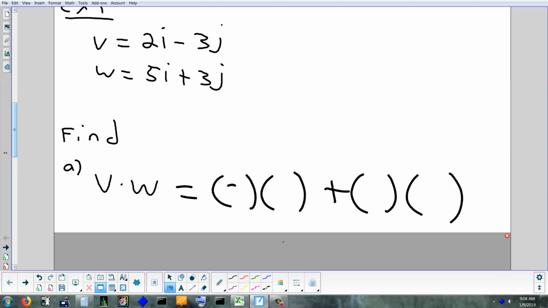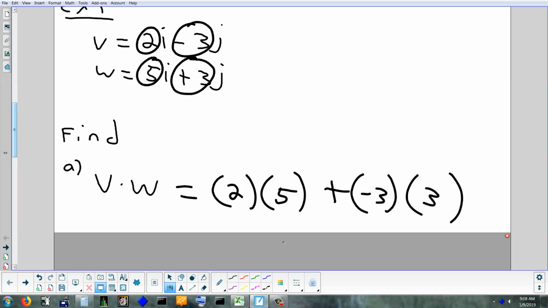Yep, 2. And Kiara, what's going to be the number in the second parenthesis? Oh, 5. Yep, 5. Okay, so we'll do that in a second. Christian, how about the number that's in the third set of parentheses? We got -3. Yeah, -3. And then the fourth number, that's your 3. So we did this times this plus that times that in exactly the order that I circled them.